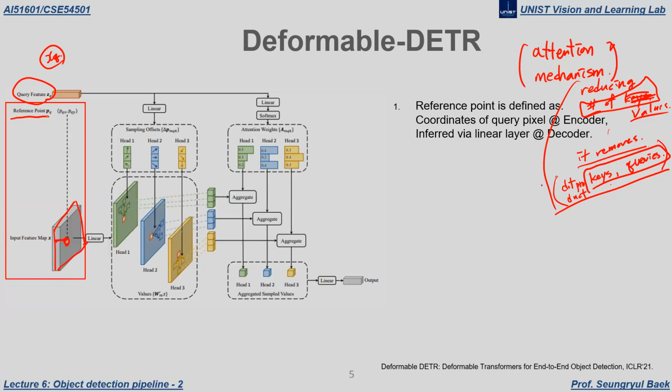And the reference point denotes the 2D coordinate position of this point, okay? And what they do is they choose the values by sampling some offsets. For this query, they select some values.